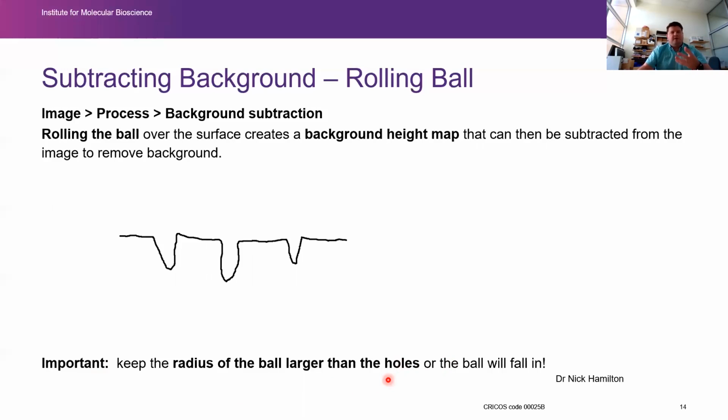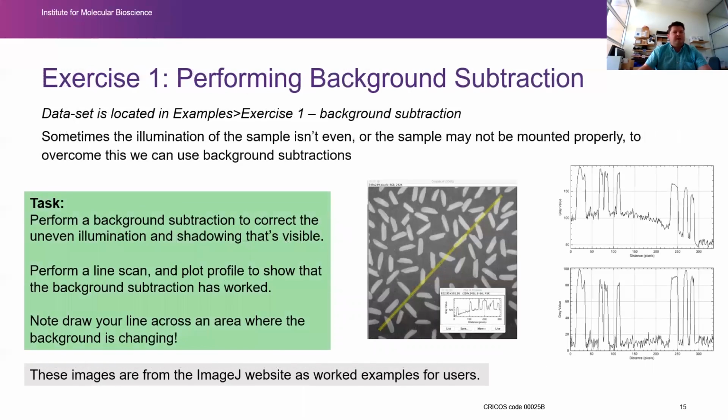And so we're going to do a worked example, and that's going to be on the first two files. And what we want to be able to do is correct this uneven background. So everyone should have downloaded the files, and you can have a go at working through it, or I can slowly work through it on my screen, because, as I said, it's a bit weird not seeing everyone in the audience knowing that they've all followed along.